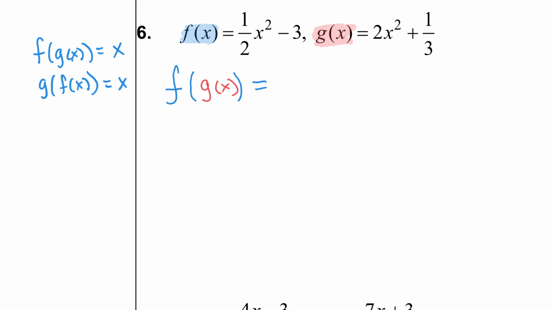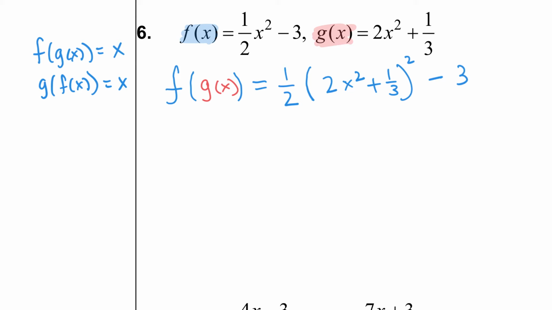So we know f is going to be 1/2, and then we have 2x squared plus 1/3 raised to the second power minus 3. Okay, so it's already become very difficult. So I'm going to do it up here, just to make sure that I have it correct.